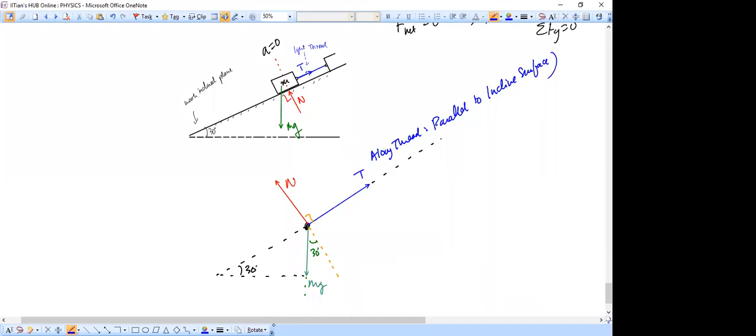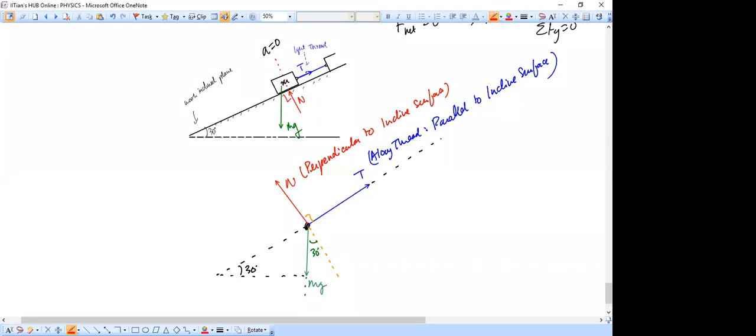Okay. Whereas normal reaction acts perpendicular to the surface. Okay. And weight acts vertically downwards.